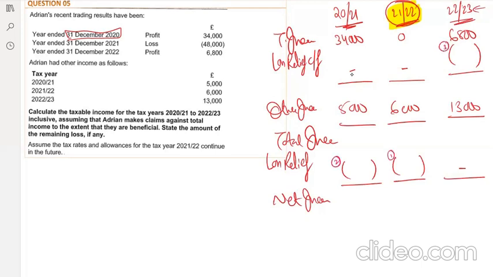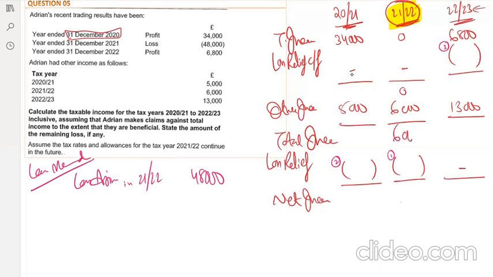The loss memorandum will show us the loss of how much? 38,000, 48,000. First of all, I need the total of this one. So 0 and 6,000 will be 6,000. How much are we going to adjust here? 6,000. Current year relief will be 6,000 and 0 is the reporting amount, right?